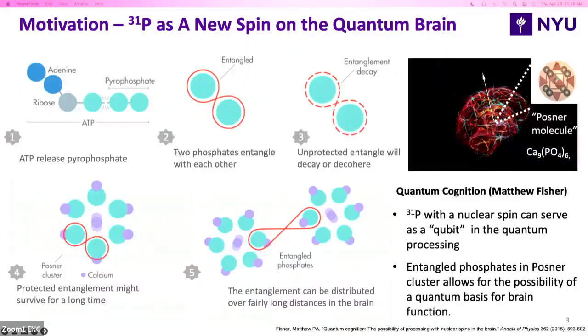In recent literature on quantum cognition, it was mentioned by Dr. Matthew Fisher that quantum effects might indeed play some role in human cognition. It was proposed that the phosphorus nuclear spin could serve as rudimentary qubits, which entangle in a network of Posner molecules, calcium phosphate in our brain, and are able to store information over potentially long times and enable our brain to function.